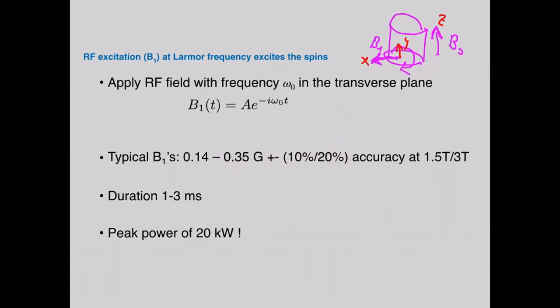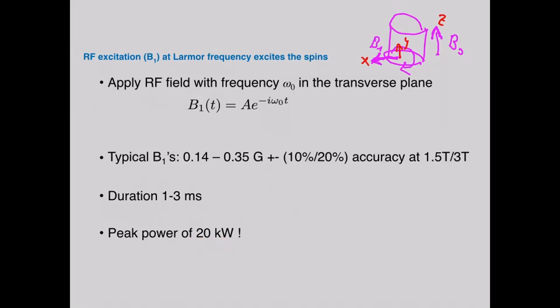The duration of that RF field is typically 1 to 3 milliseconds, not more than that. Sometimes you'll have longer or shorter pulses, but those are the typical values. And the peak power applied to achieve those fields is ridiculously high: 20 to 40 kilowatts of peak power.